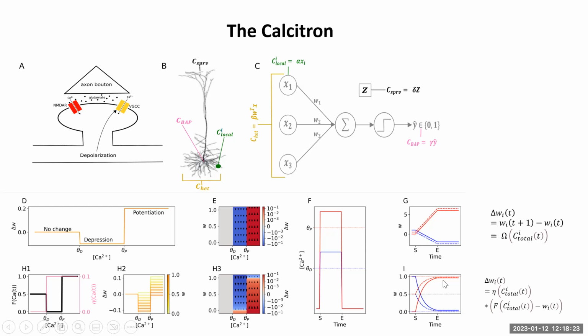For the purposes of the calcitron, this doesn't really matter that much. You can think about the linear rule or the asymptotic rule. But one of the nice things about the asymptotic rule is that it's sanity preserving, so you're not going to turn an excitatory synapse into an inhibitory synapse. You'll always be bounded by 0.